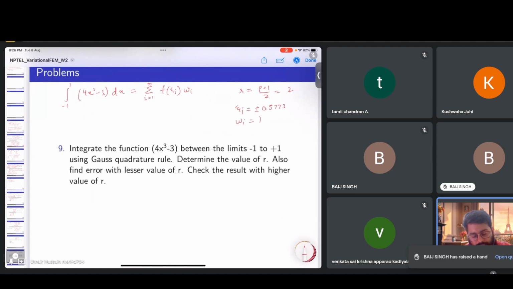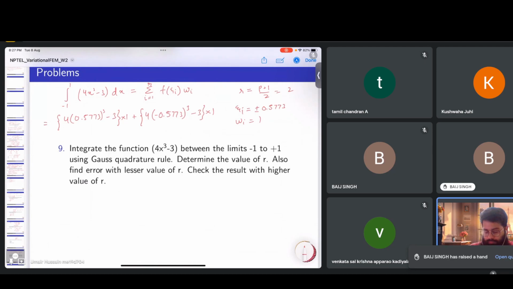And the weights are 1 for each point in this case. Okay, so we write 4 into minus 3, and this is multiplied by 1, plus we have 4 into minus 0.5773 cube minus 3, and weight again equals to 1.